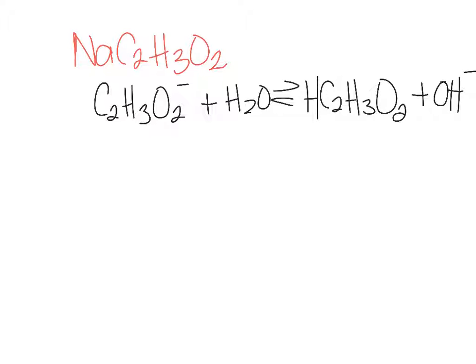There's those two. So this is why I had you do those questions last night. So if you have sodium acetate in water, the acetate reacts further in the water to make a slightly basic solution. So now we're going to figure out what our pH is of this reaction.